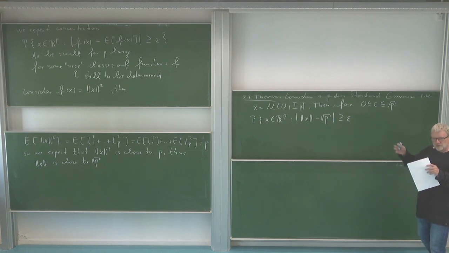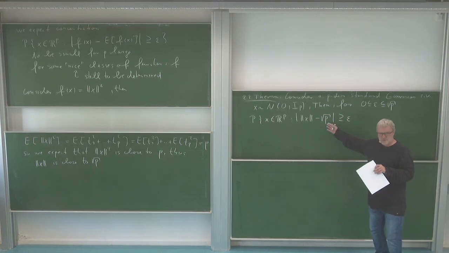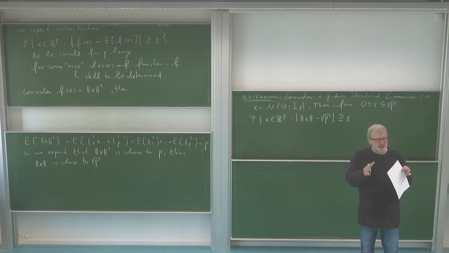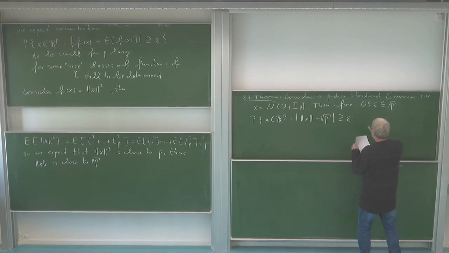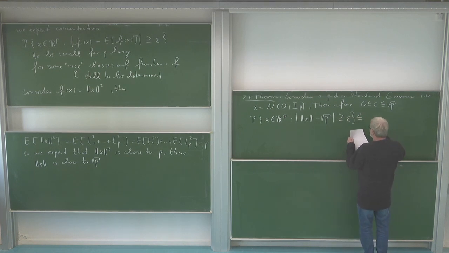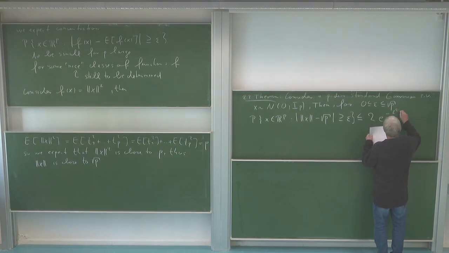We are looking at the probability that we are far away from this, and this probability should be small. What we really would like to have are exponential estimates. So this probability should be smaller than 2 times e to the minus epsilon squared over 16. That's what we want to prove.